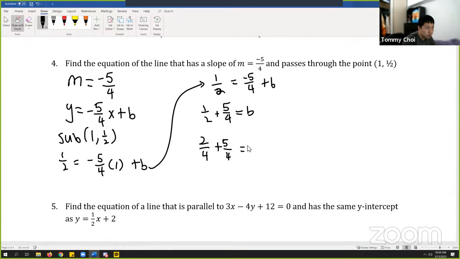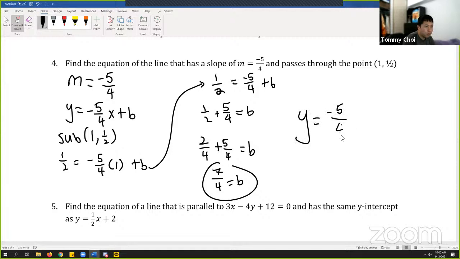In doing so, we have 7/4 is equal to b. So then we can write our final equation, y is equal to negative 5/4 x plus 7/4. And there's our final answer.